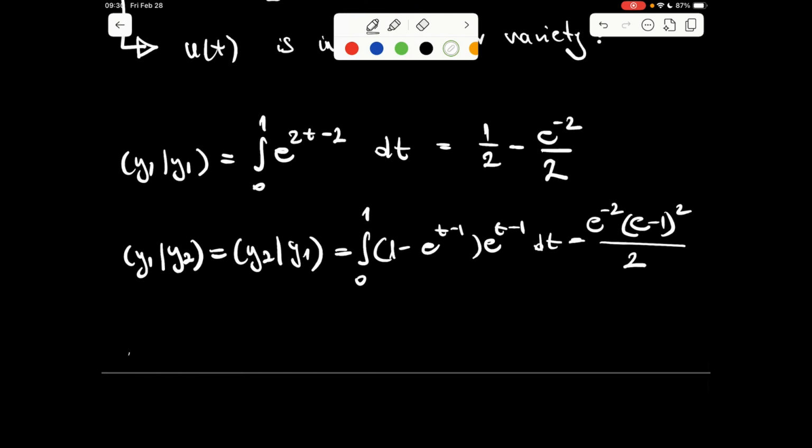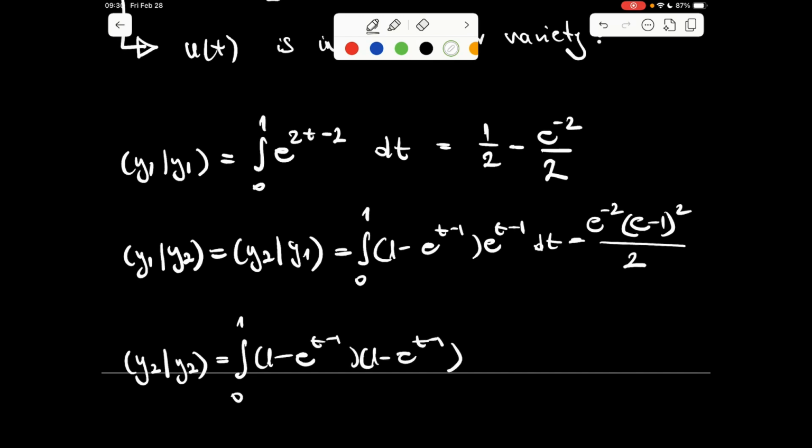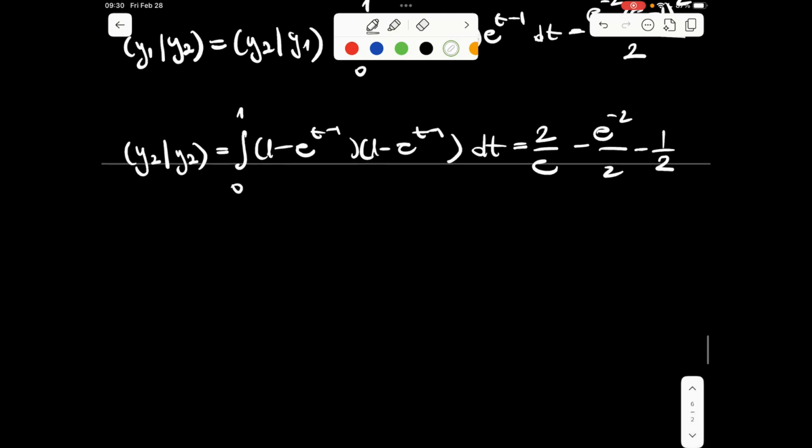Yes, and the final element in the Gram matrix dt is equal to 2 over e minus over 2 minus 1 over 2. So now we have the Gram matrix. This is y.